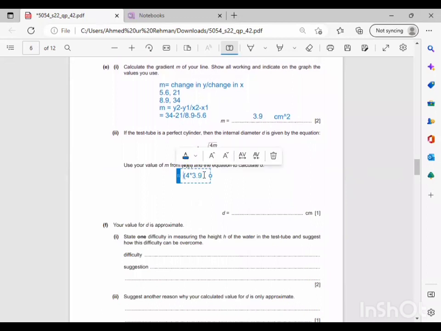So 4 into 3.9, which was my gradient, upon pi, to the power half.